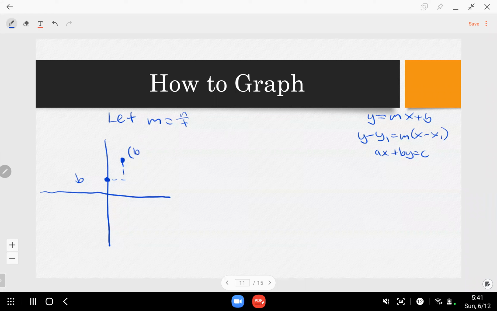So it's going to be t, and let's say b plus n, right? So from using the slope, you can find another point on the function, right? So let's substitute this with real numbers. And of course, after you found another point, you can just draw a straight line through it, and that's your line, right? All you need is 2 points. All right, so let's see. Let's try this out.